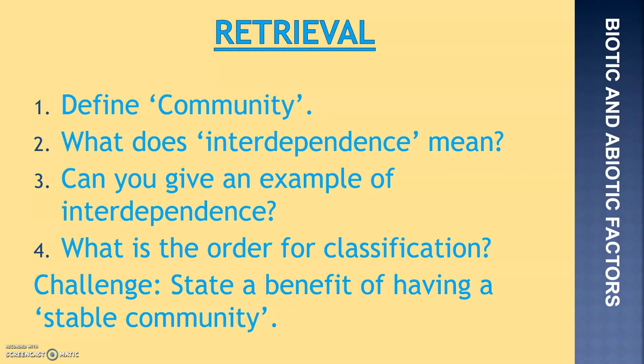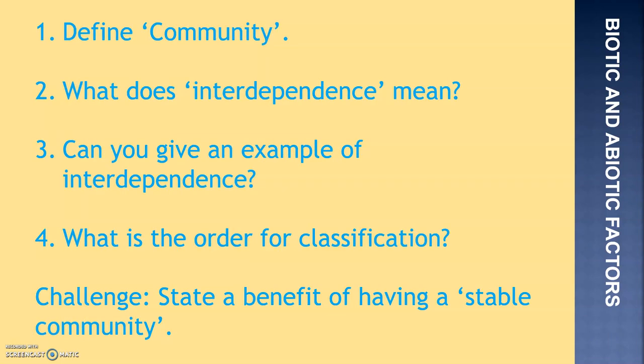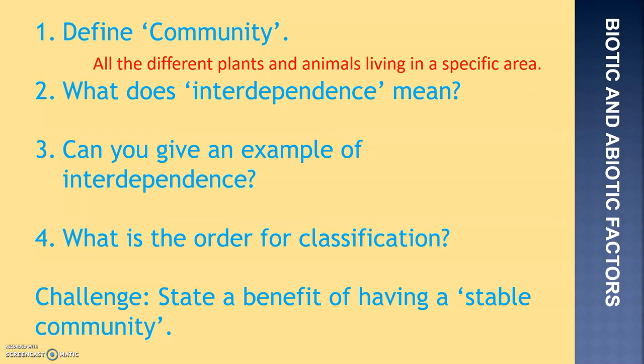Alright, are you all done? Brilliant. So the question is asking you to define what community is. From last lesson, we know that community is all different plants and animals living in a specific area. Have you been able to define it? Well done. Now the second question says, what does interdependence mean?